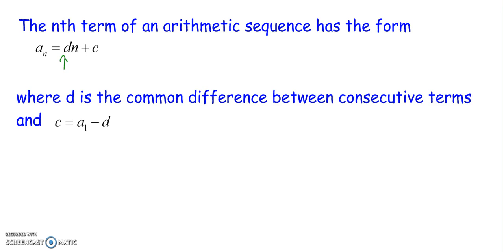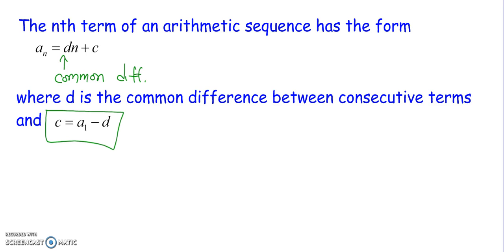We already defined d as the common difference. And to calculate c, there are lots of ways, but one of the ways is to do the first term minus the common difference.